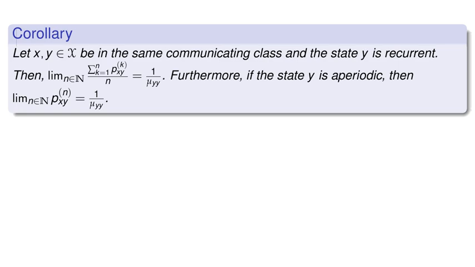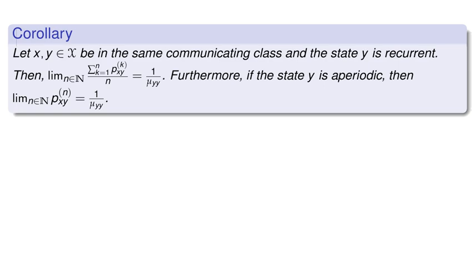Another corollary states: let x and y be in the same communicating class and let state y be recurrent. Then the limit as n approaches infinity of the sum from k equals 1 to n of p_xy^k, all divided by n, is equal to 1 over mu_yy, where mu_yy is the mean recurrence time of y.